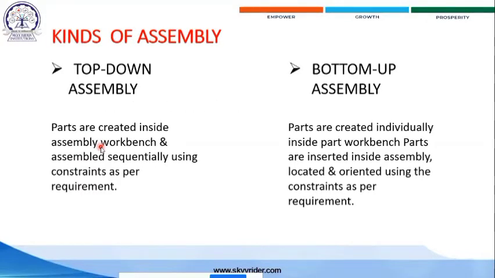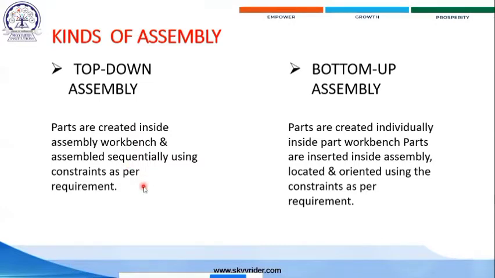So next we are going to the kinds of assembly. We just learned that making the components and putting them together is an assembly, but there are two types of assemblies: one is top down assembly, another is bottom up assembly. In top down assembly, parts are created inside the assembly workbench and assembled sequentially using constraints as per the requirement.